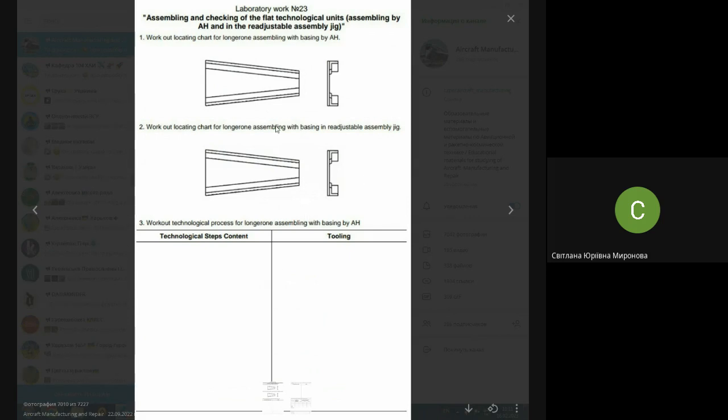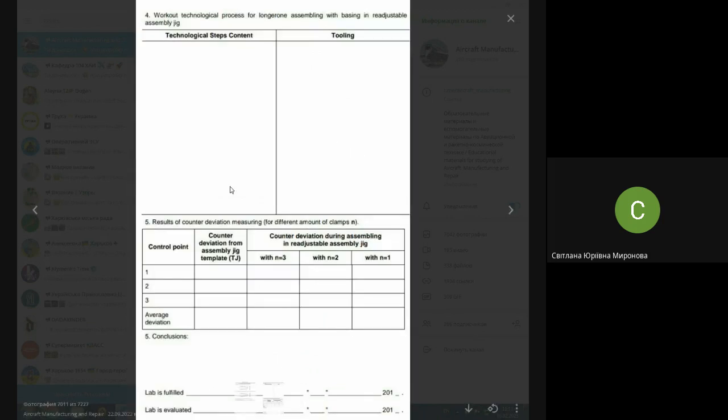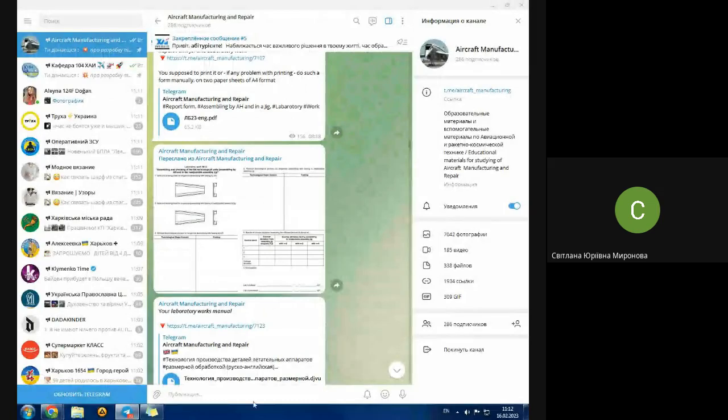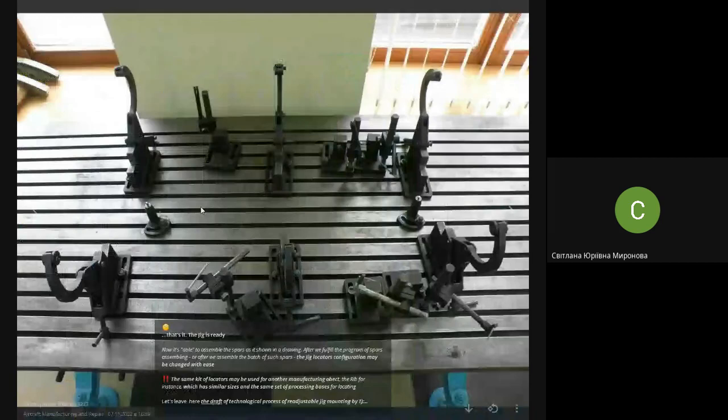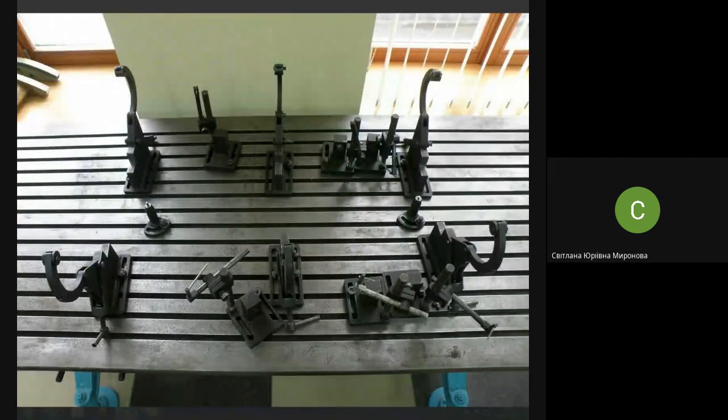You need to draw a locating chart of the spar locating in a jig and its technological process in a jig. You need to make a conclusion here. On the back sides of your papers or on a separate page, you need to describe the procedure of mounting this readjustable jig.